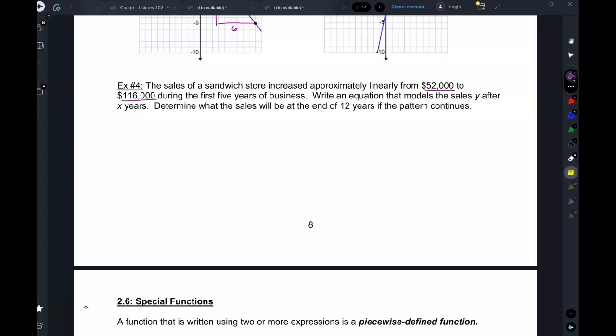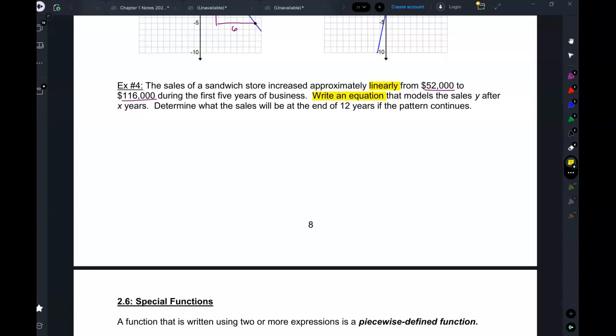So, what do we need here? We need an equation, and we're told that this is linear. That means the equation has to be y equals mx plus b. So first I need to do the slope.